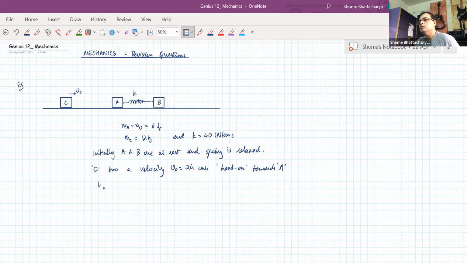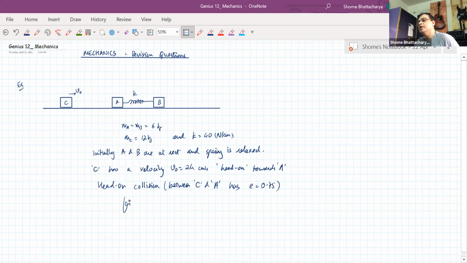So the head-on collision between A and C has a coefficient of restitution equal to 0.75. We want to find the maximum compression of the spring after impact.